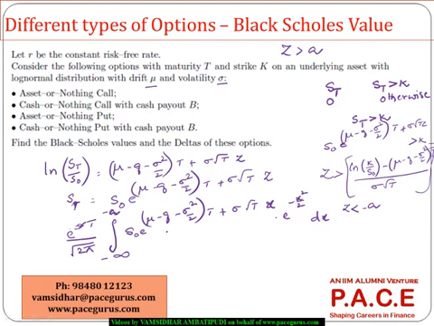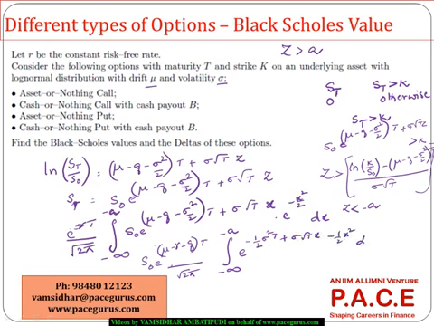So as a part of simplification, it is becoming S0 times e power (mu minus r minus q) times t, divided by square root of 2 pi, and integrated between minus infinity to minus A, which is working out as e power minus half sigma squared t plus sigma root t x minus half x squared dx.